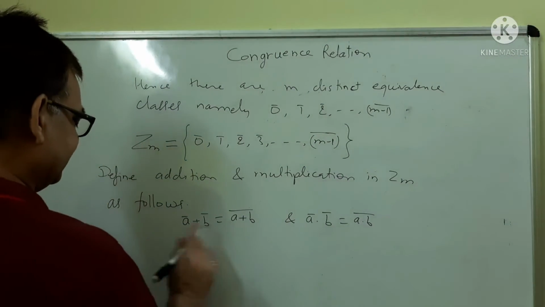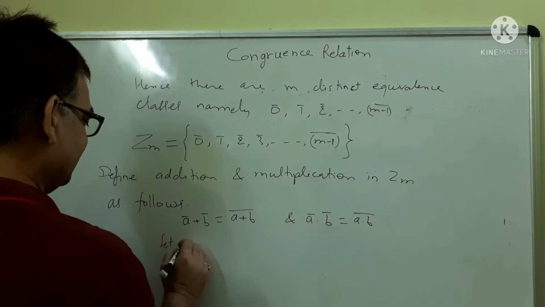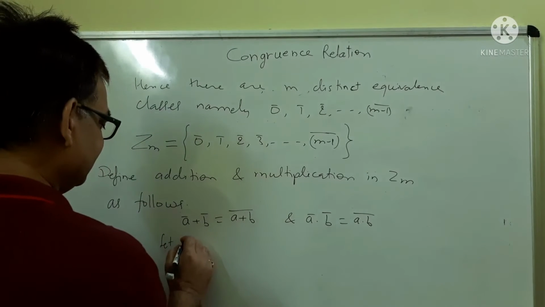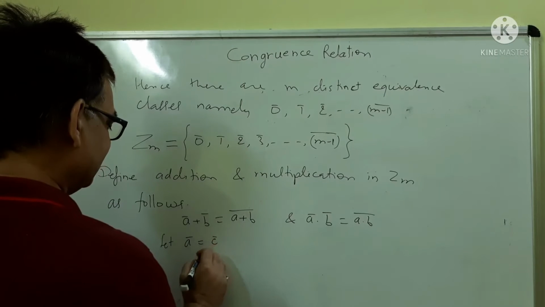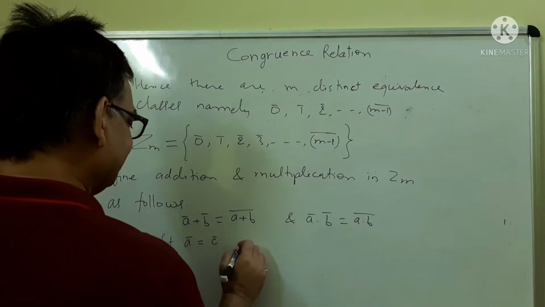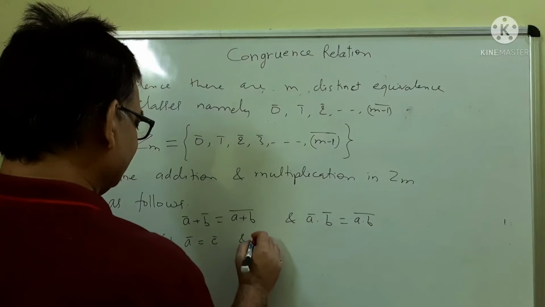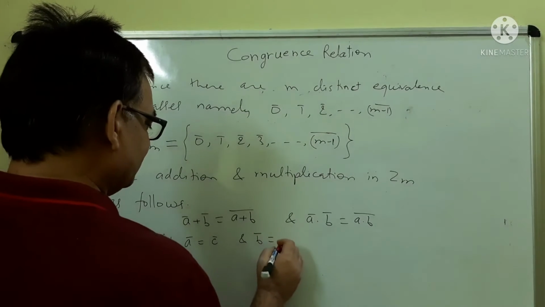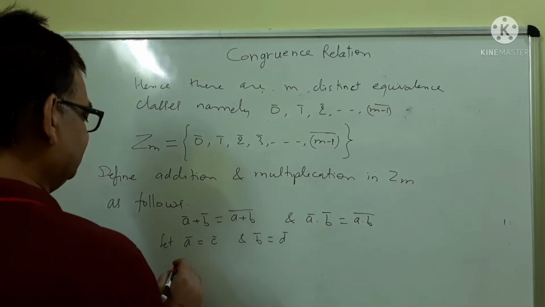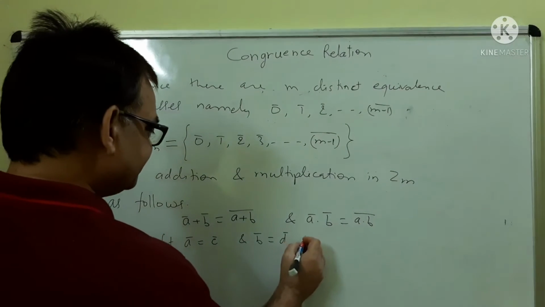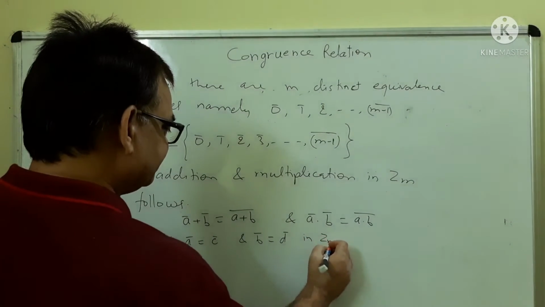To check this, let a bar be equal to c bar and b bar be equal to d bar in Zm.